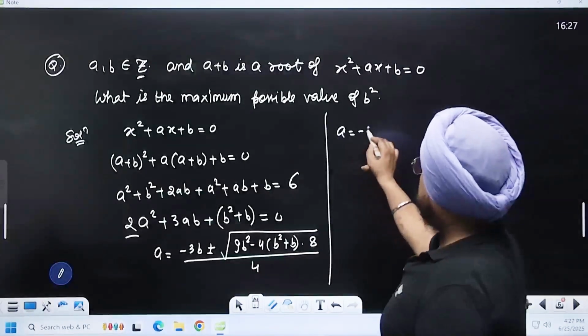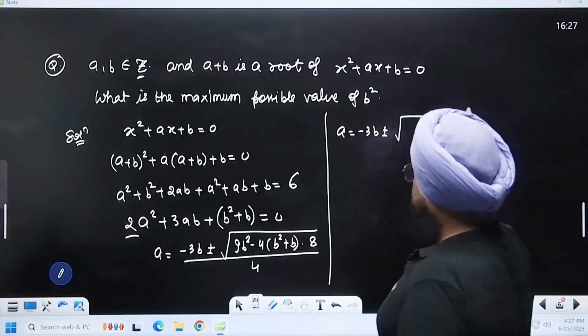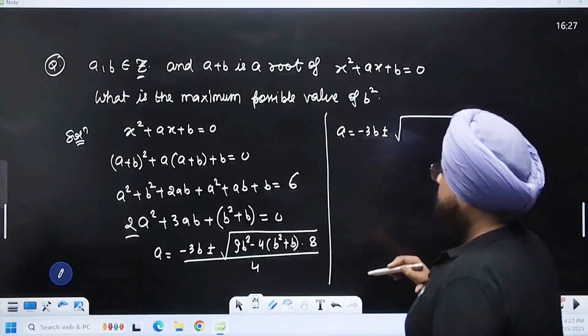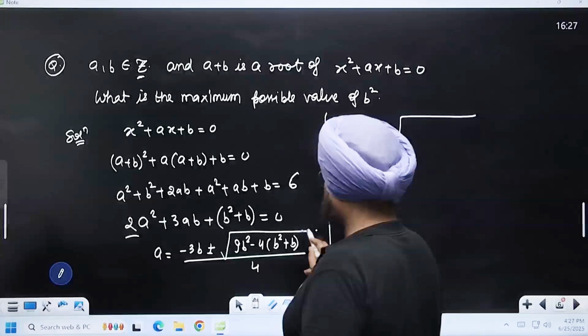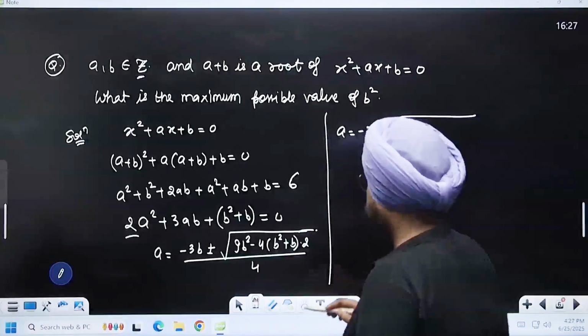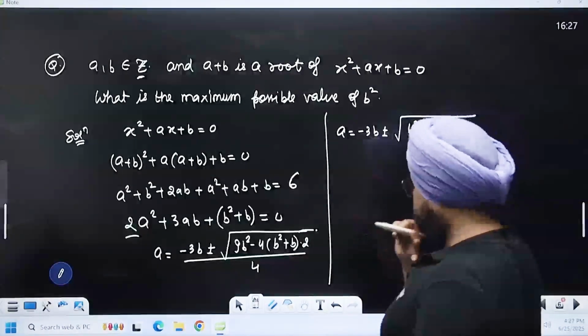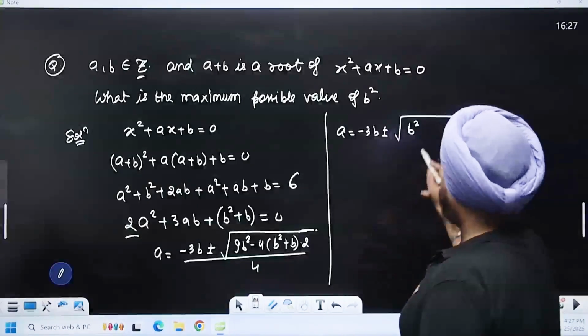See, a is equal to minus 3b plus minus root of 9b square minus 8b square, b square minus 8b.